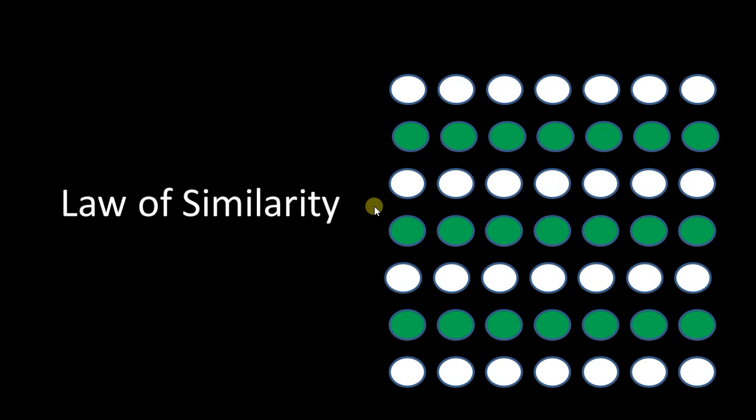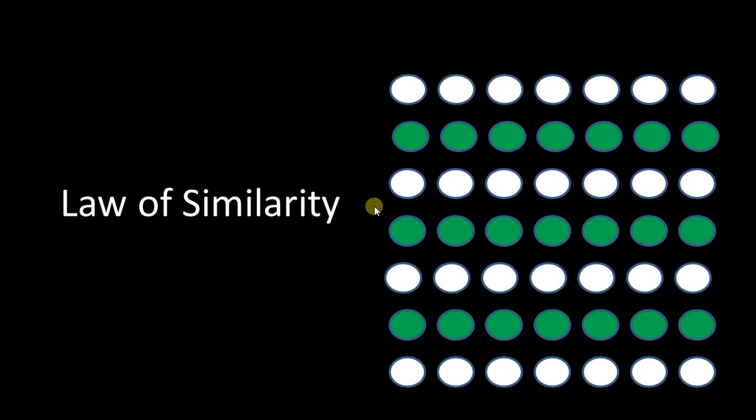And look at these figures. You can see circles. There are circles with white color and some green colored circles.